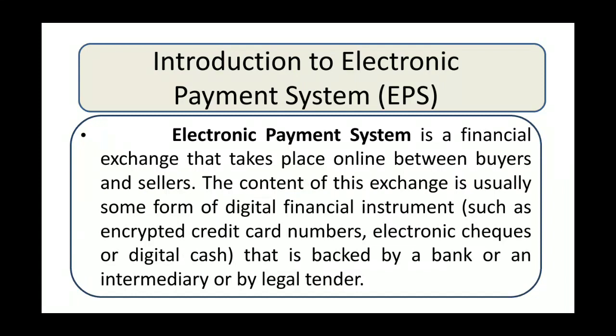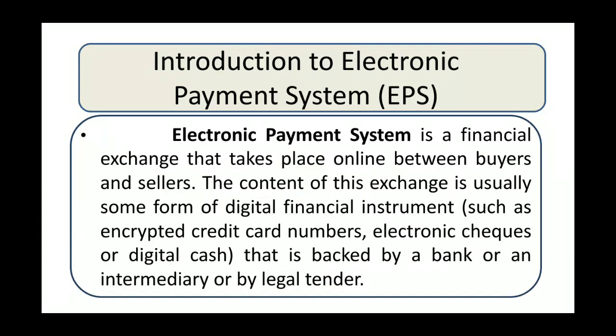is a financial exchange that takes place online between buyers and sellers. You already know we discussed electronic commerce, in which you are buying and selling products through electronic media. Here, an electronic payment is a financial exchange that takes place online between buyers and sellers.